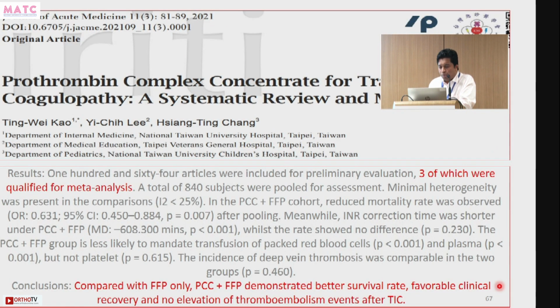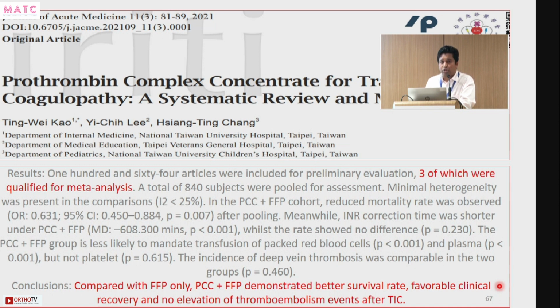Now, prothrombin complex concentrate is something which we use in our day-to-day life. When you see a patient who has a trauma-induced coagulopathy, there is supportive evidence for using PCC and FFP, and for patients who have low fibrinogen, who are coagulopathic despite using your usual measures and your usual blood products.